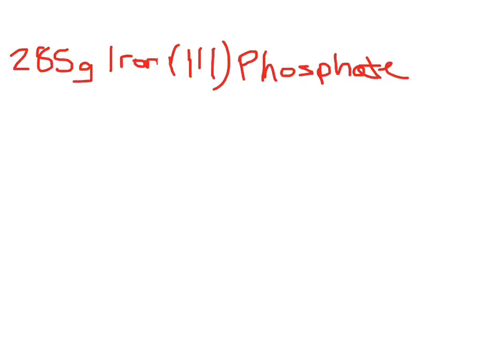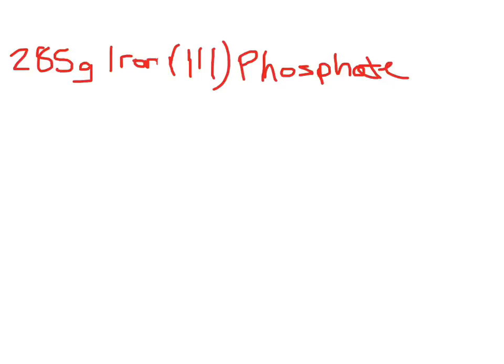Okay, so you have iron 3 phosphate. In this case, you are using a transition metal. Now remember, when you are naming elements or compounds, most transition metals, except zinc and a few others, have 2 charges.